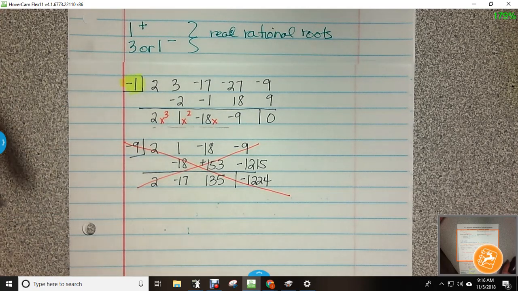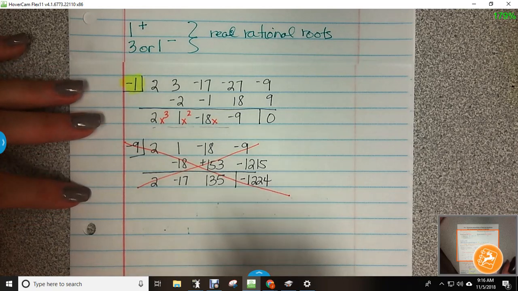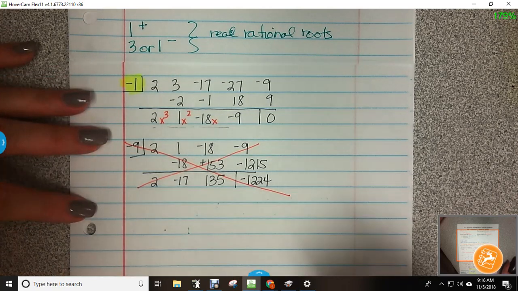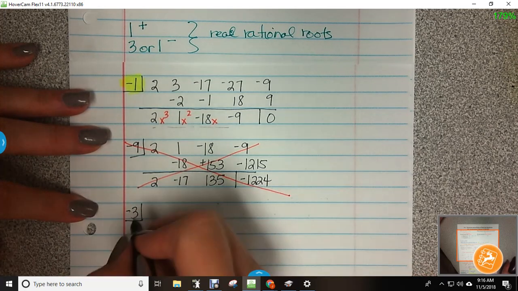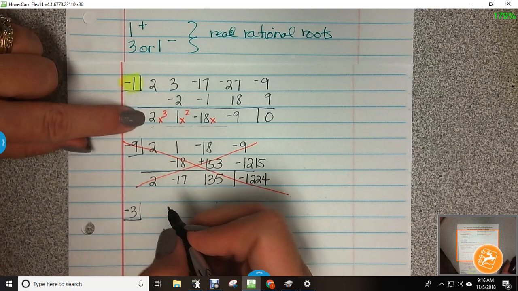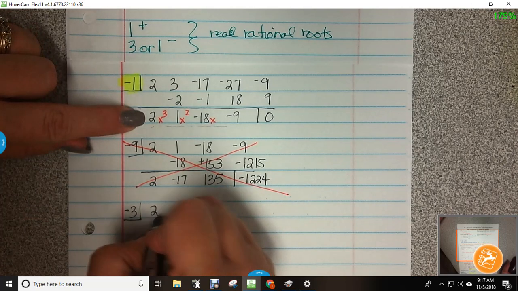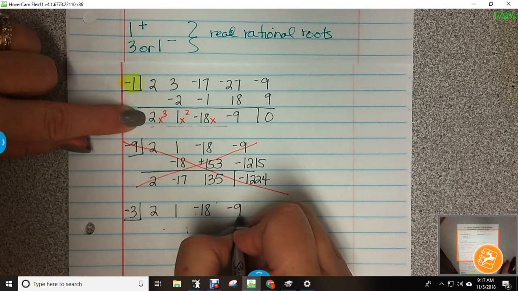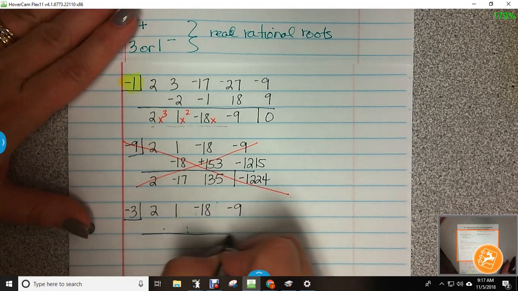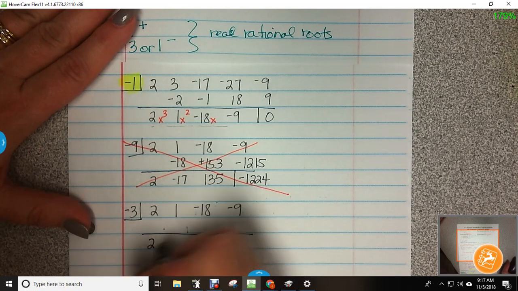So let's try another negative. When I try, let's do -3 this time. So -3, I'm going to use this same depressed polynomial here. Bring down my 2.